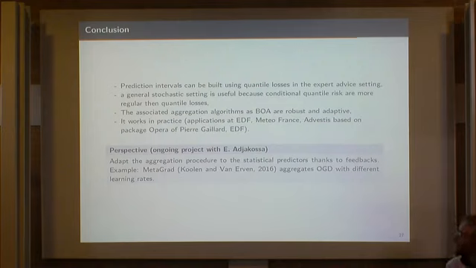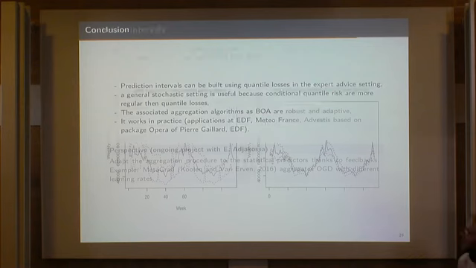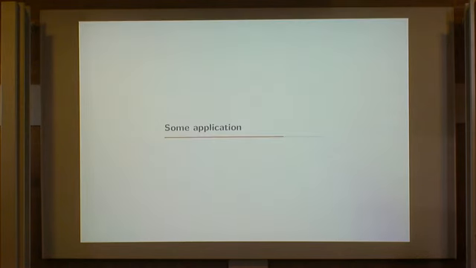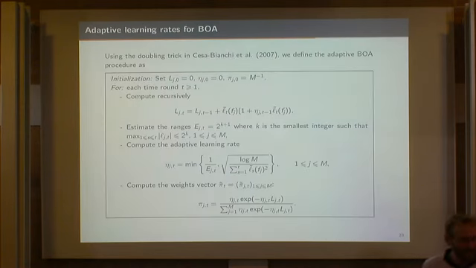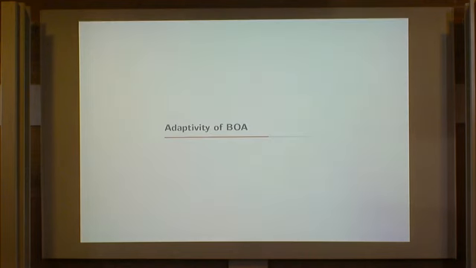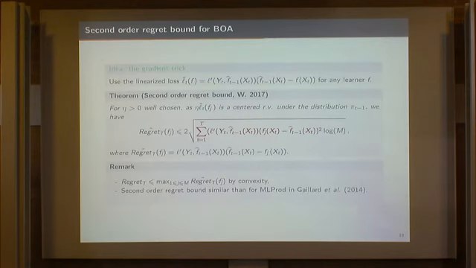The nice point with the quantile: as I told you, the gradient trick is nice, but it's a pain in the neck to bound, because in the gradient trick you have a linear term, and then it becomes a square. So if one expert here is far away from the optimum, then it starts to be very big, and numerically it's bad.